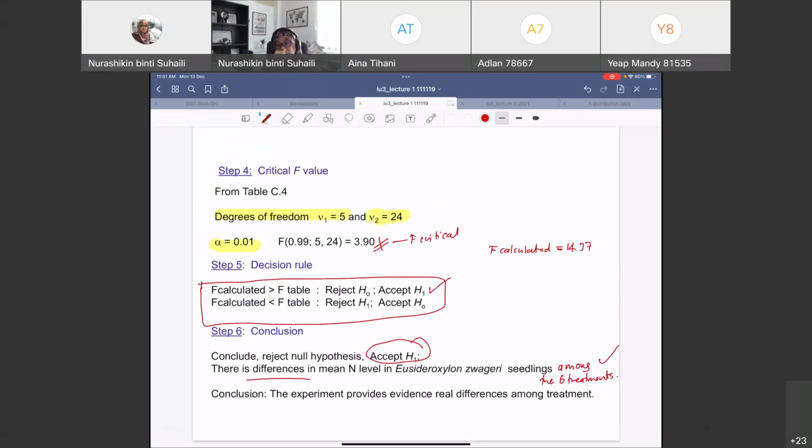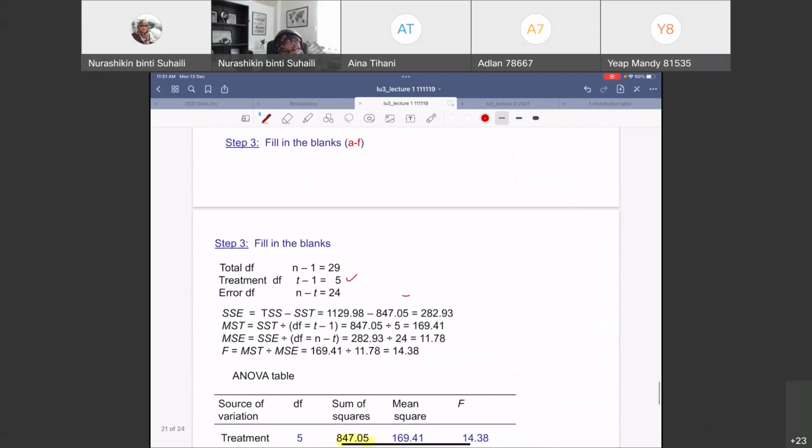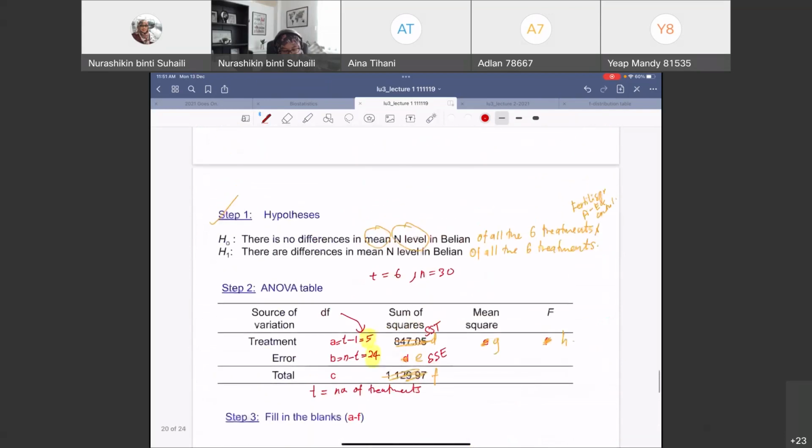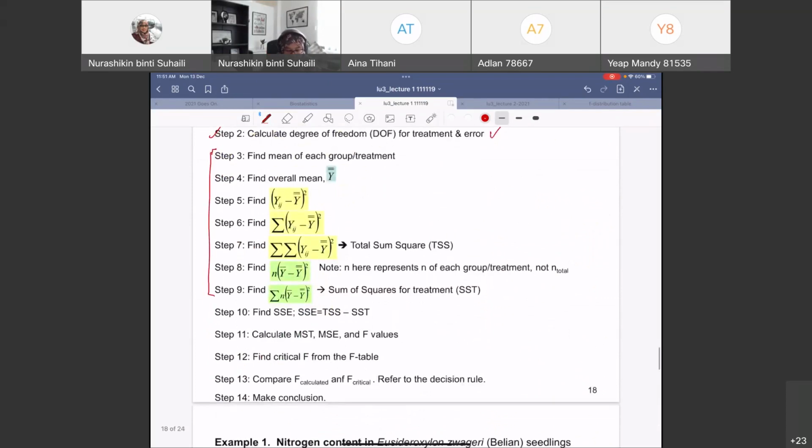For part 1, for lecture 1, you have to know how to apply all this stuff. You refer back to the number of steps, because in the summary of steps there are many steps, but at the end we want to go through this stuff until you make a conclusion.